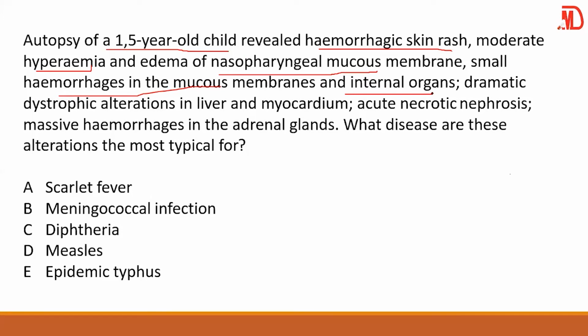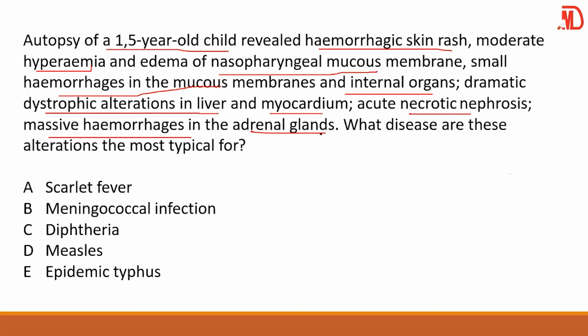There is rash, and there's hemorrhage. Look at it again. There's dramatic dystrophic alteration in the liver and the myocardium. Acute necrotic nephrosis. And remember what a necrotic nephrosis is, right? Yes, that's acute tubal problem, acute renal problem. And there's massive hemorrhage in the adrenal gland. What disease are you looking at?